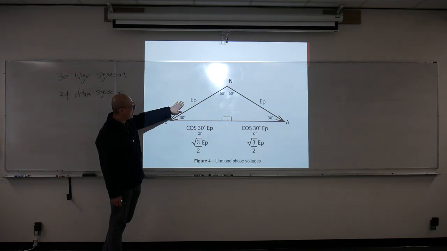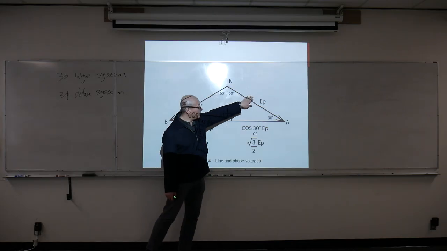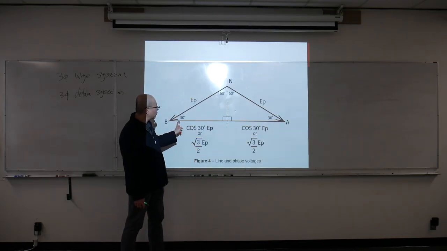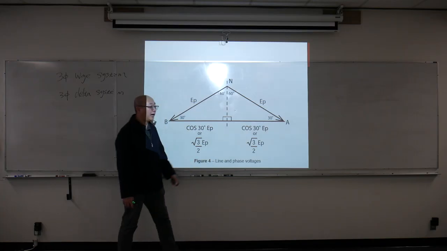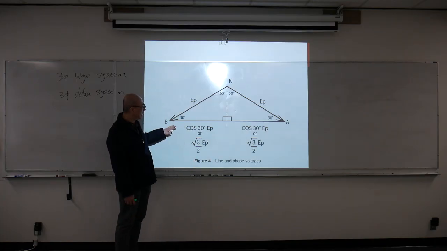So here is our phase voltage. Compared to the diagram before, this is going to be 1, and this is going to be 1. Each half of our line voltage is going to be root 3 divided by 2. Now we have two of them, and we add them up. So your line voltage is going to be root 3 higher than your phase voltage.